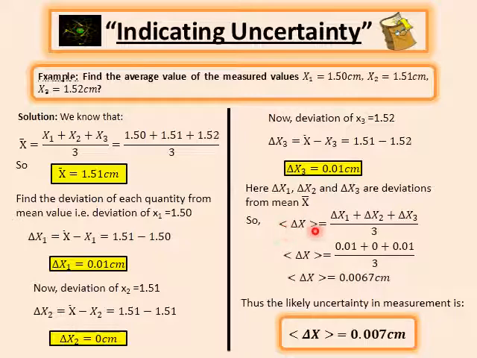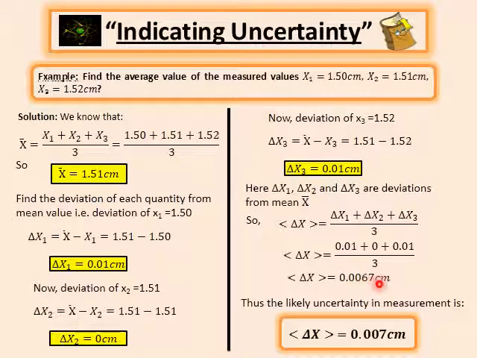Now basically students, these brackets are showing the average value of delta x. Now by putting the values of delta x1, delta x2 and delta x3, we have the average delta x is equal to 0.01 plus 0 plus 0.01 divided by 3.